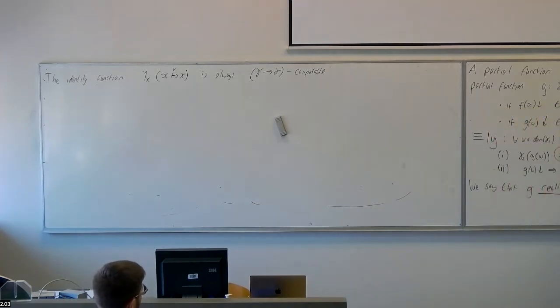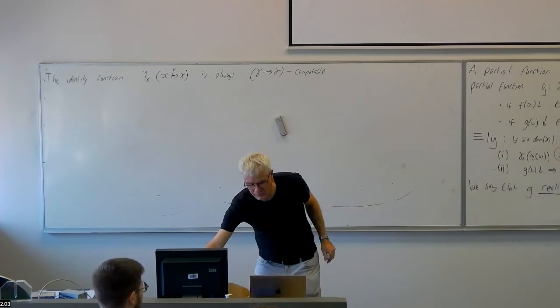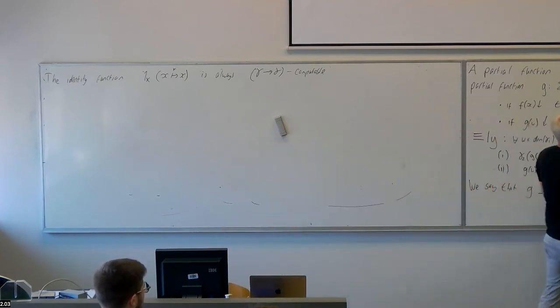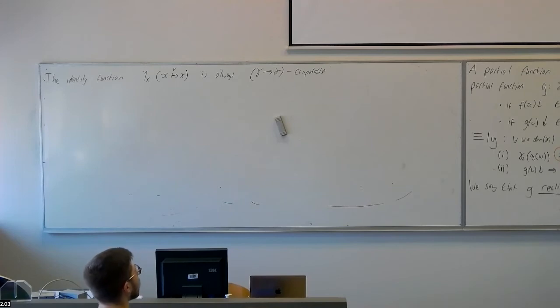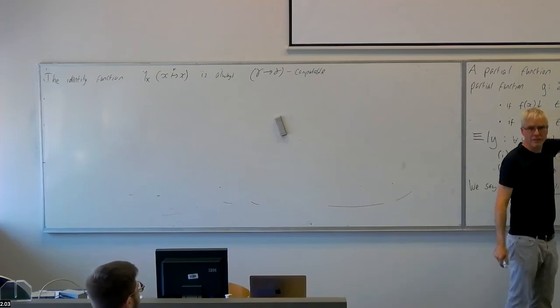So really, the correct notion here is not just computable. If you want to be very precise, you should refer to the representations that it's computable for. So rather than saying computable, we would say gamma1 to gamma2 computable. It's computable with respect to the given representations gamma1 and gamma2.